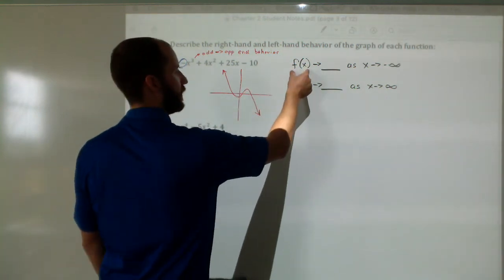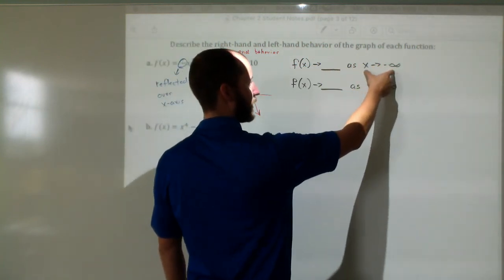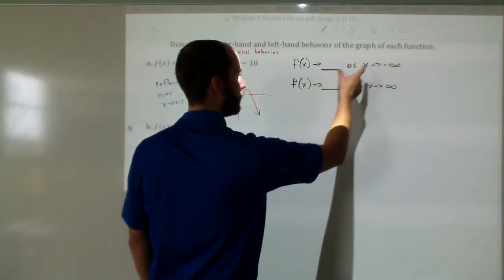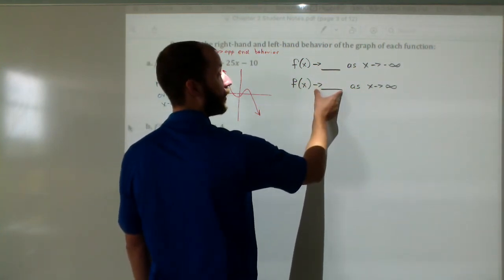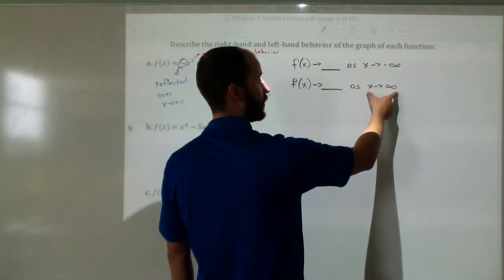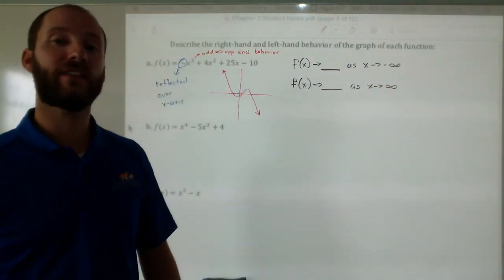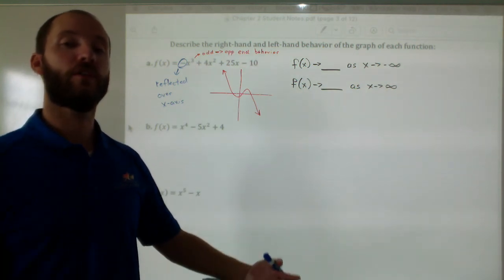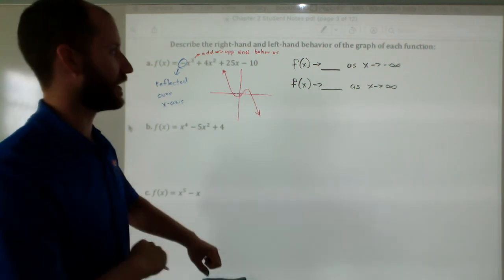The function, the y values, are going up or down as x goes to the left, to negative infinity. And then the y values are going up or down as x goes to the right, towards positive infinity. So all you have to do is fill in the blanks. Is the function going up? You'd fill in positive infinity. Or is it going down? You'd fill in negative infinity.